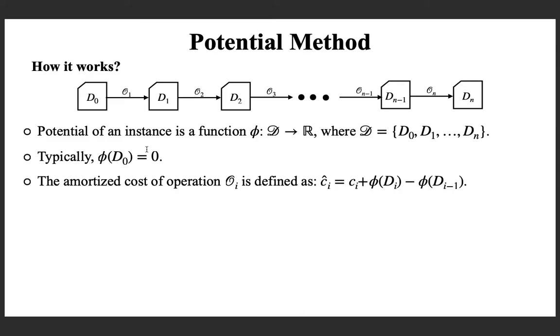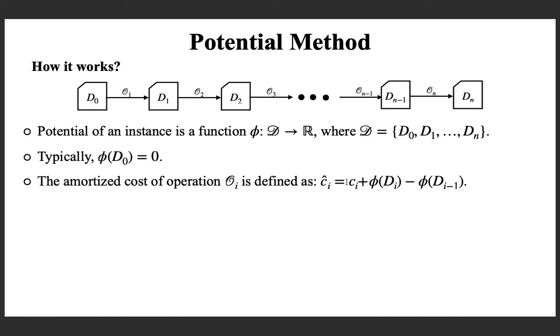And now in the potential method, the amortized cost of an operation Oi, you know that the notation for amortized cost is C cap i, is defined as the actual cost of the ith operation plus the potential of the ith instance minus the potential of the (i minus 1)th instance.